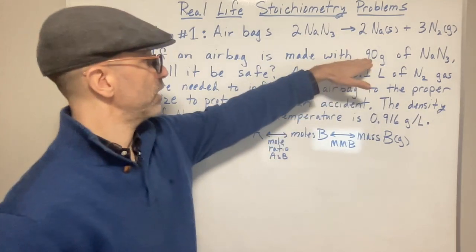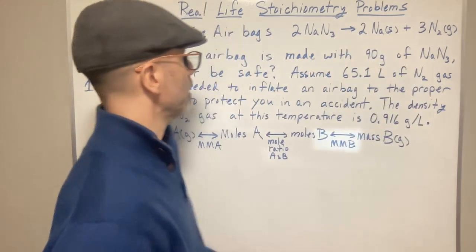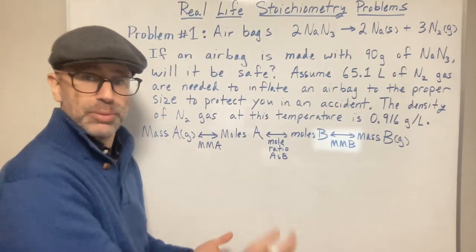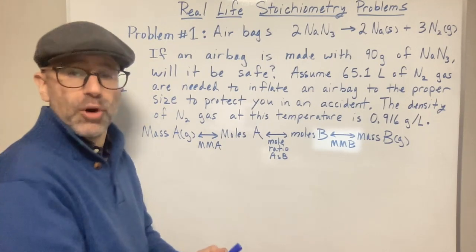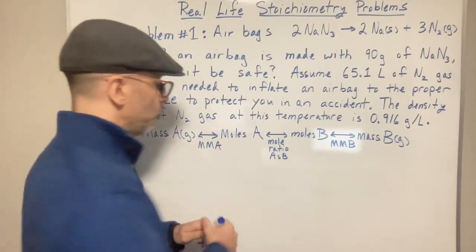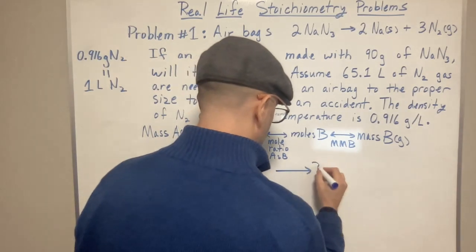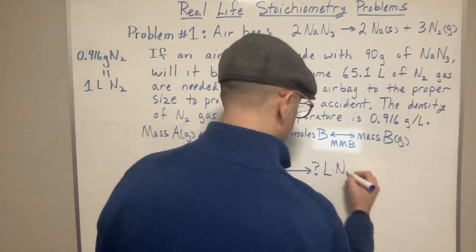But they're giving us 90 grams of NaN3. So we want to know how much nitrogen gas is produced. Will it be safe? Will we produce the 65.1 liters or not? So the question is, how much will be produced of the nitrogen gas? So we want to know the liters of nitrogen gas.